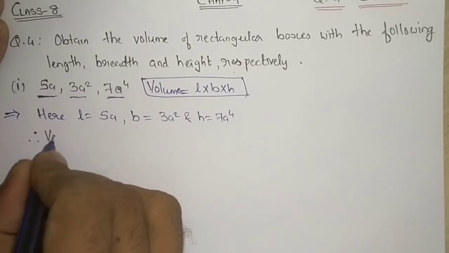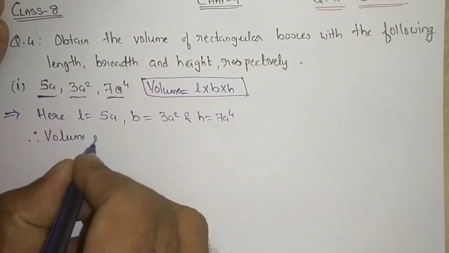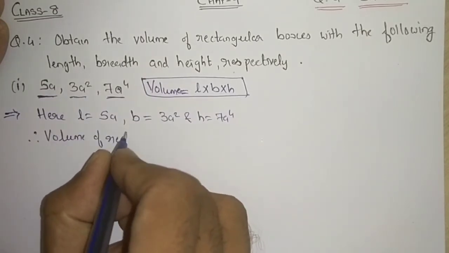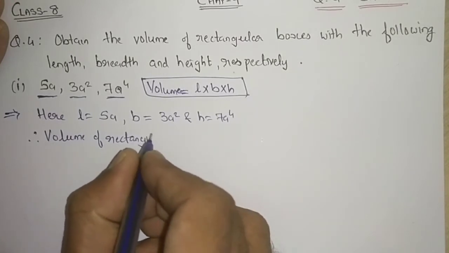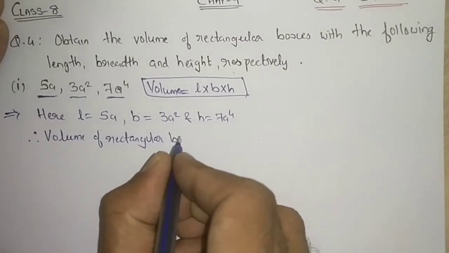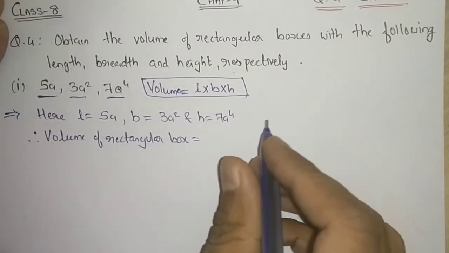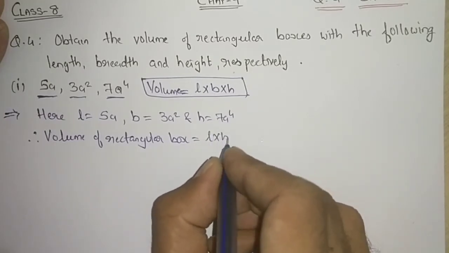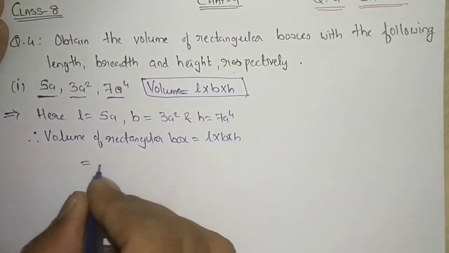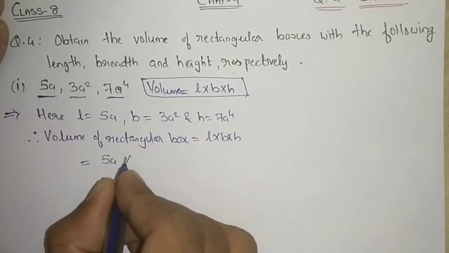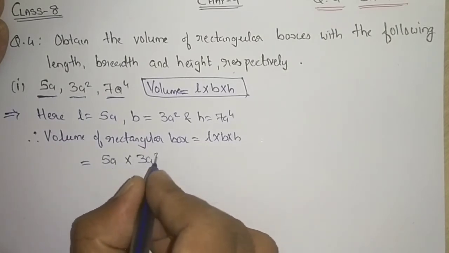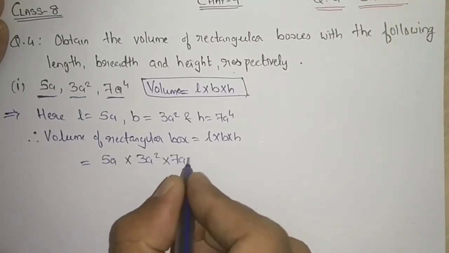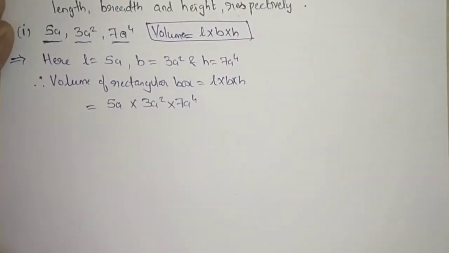Therefore, volume of rectangular box is equal to L into B into H is equal to 5a into 3a square into 7a raised to power 4.